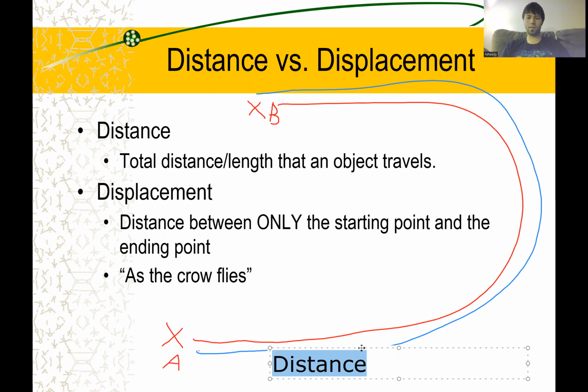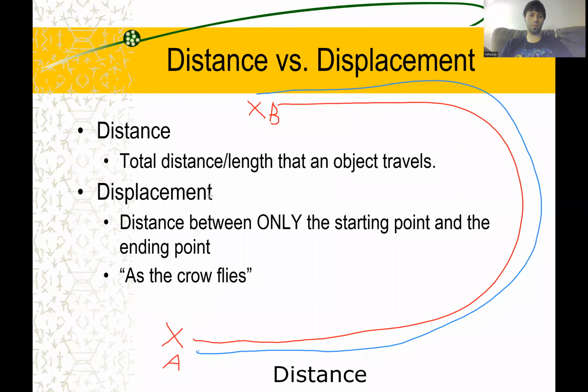So this is his distance. His displacement would be the straight line path between the starting and end point. So that's his displacement, is the distance between the starting and the ending point. So here's displacement.